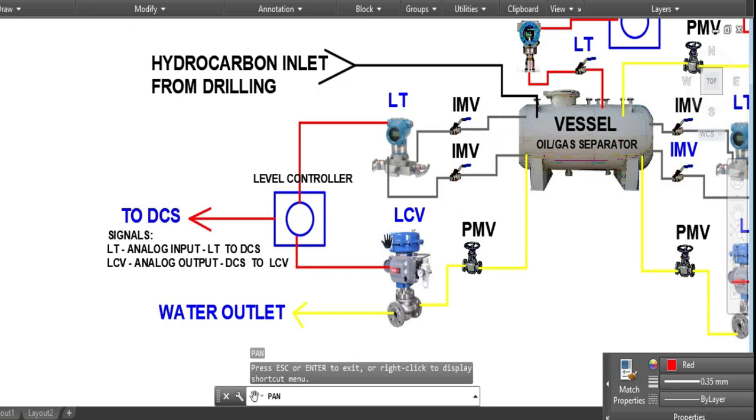And also this level signal goes from the DCS to the LCV, because if the DCS finds out that the vessel is already empty, then the DCS will send an analog output signal to the valve to close the valve, because the vessel is already empty.